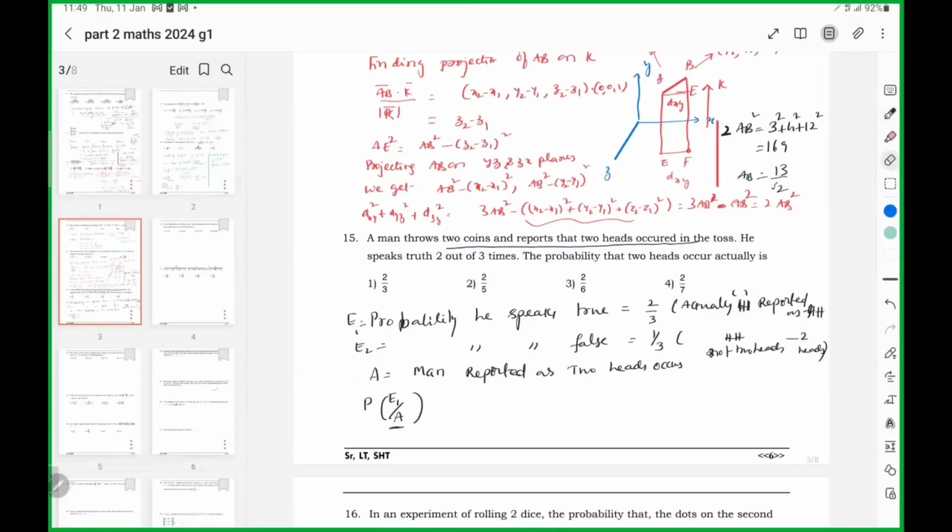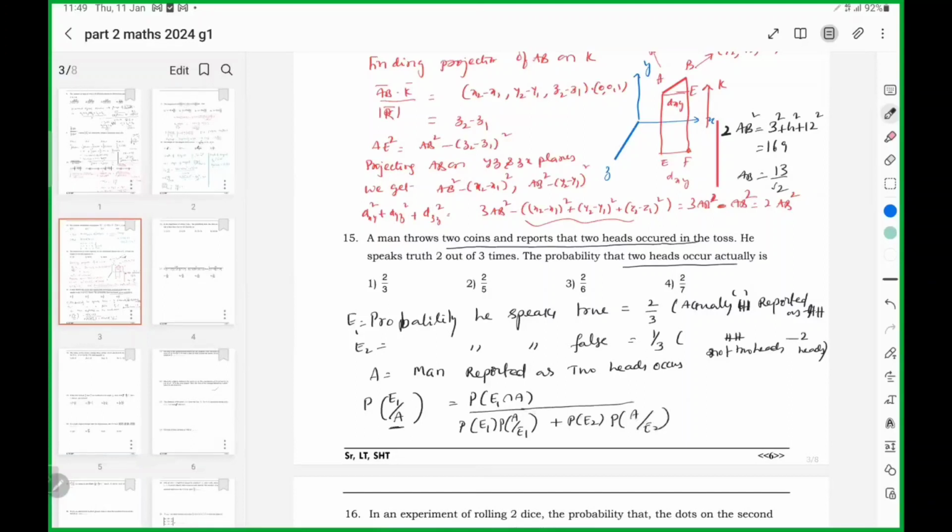That may be true, may not be true. But here two heads occurs. So definitely occurs. This is P of E1 intersection A by P of E1, E1, E2 happens again.